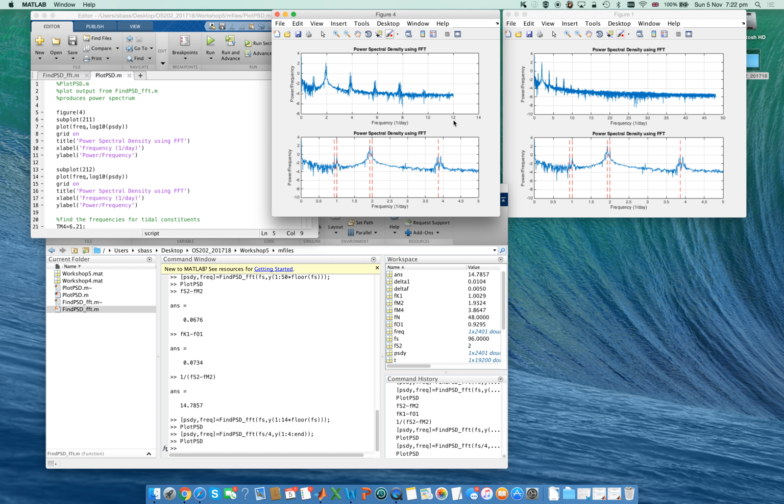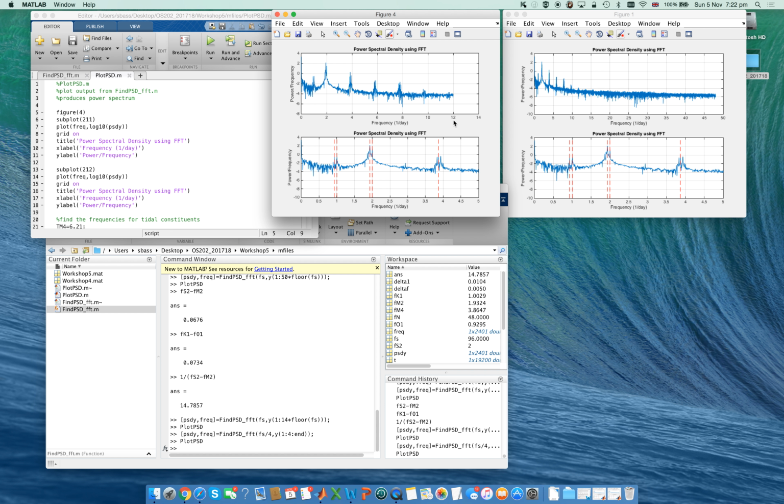And so by changing the sample rate, we haven't changed the sample length, as in the number of days. So our resolution will depend on the length, but not on the sampling interval.